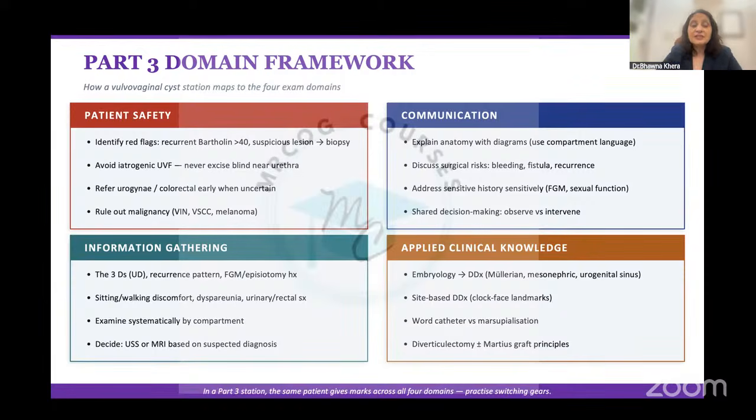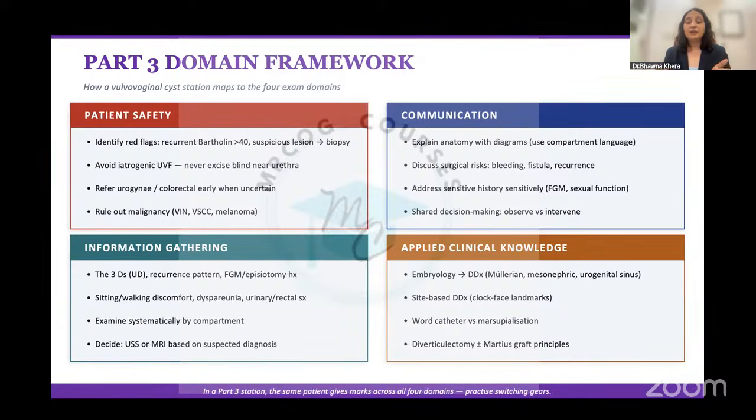Then sitting, walking discomfort, dyspareunia, urinary and rectal symptoms. Then examine systematically by compartment. If you are in a structured discussion task and you talk about compartment-wise differentiation and the sequence like that, you are good to go. You have structured your task very well.